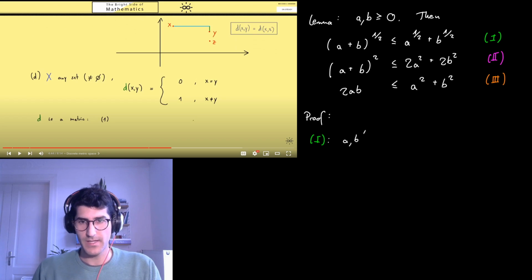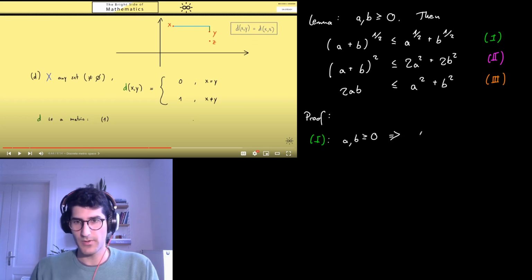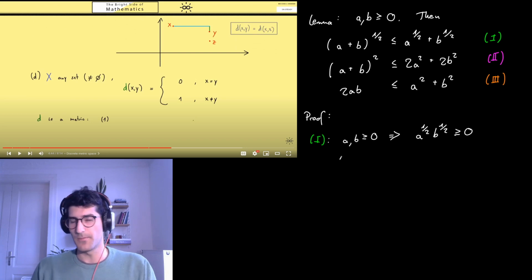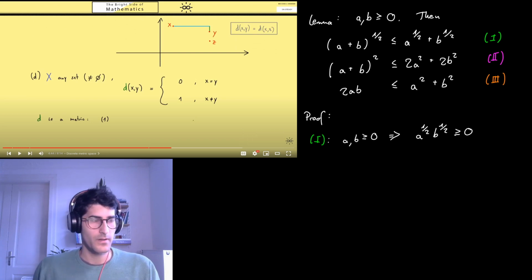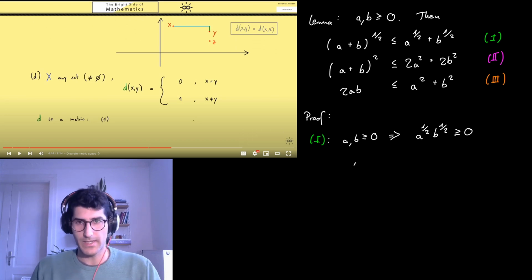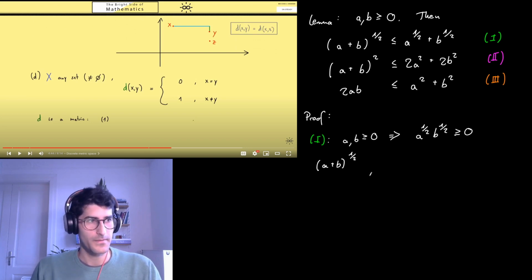So if a and b are greater or equal than 0, then of course also the product a to the 1/2 times b to the 1/2 is greater or equal than 0. Let me start differently.